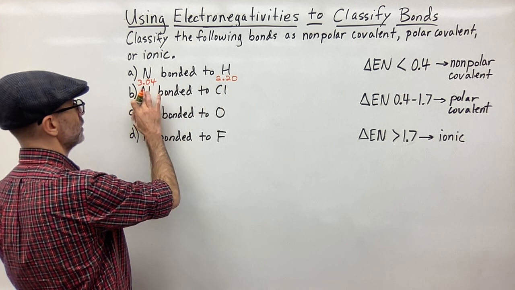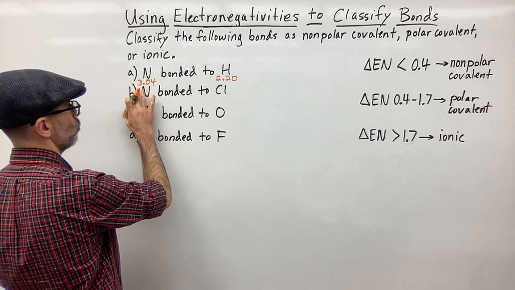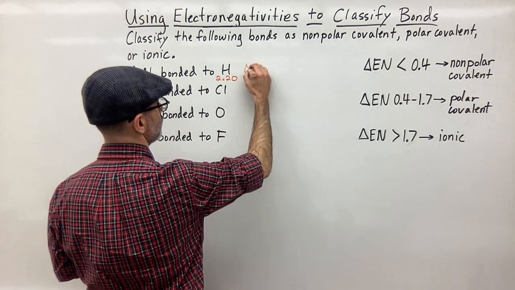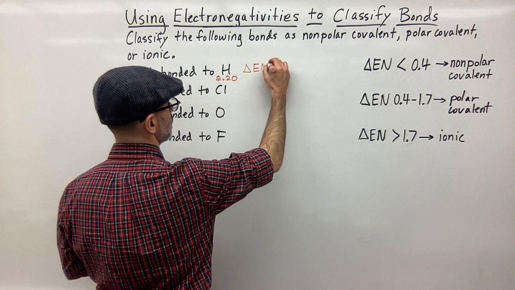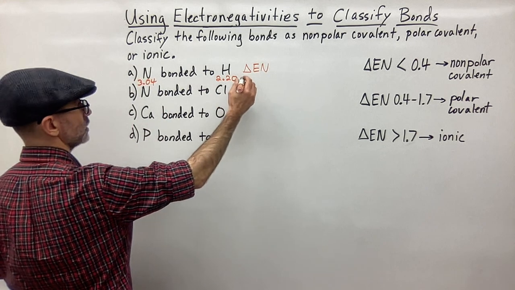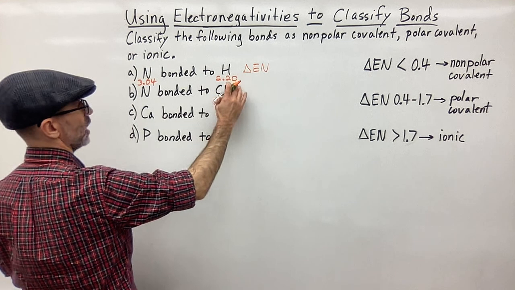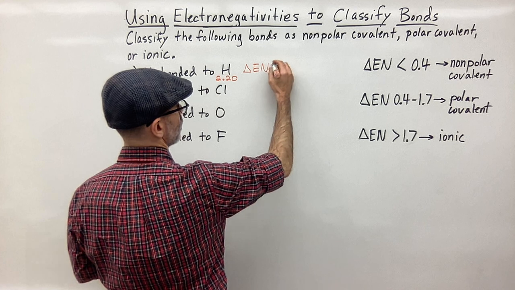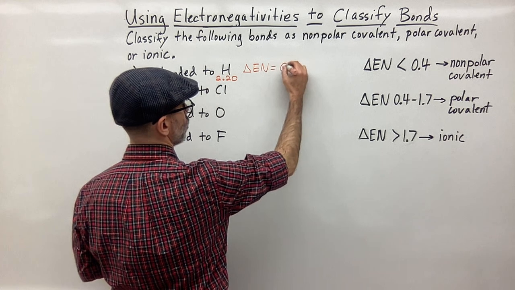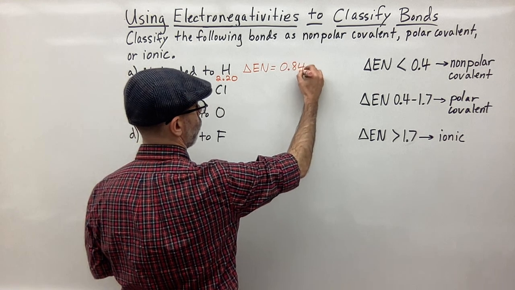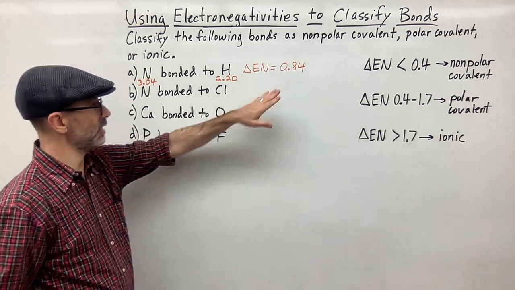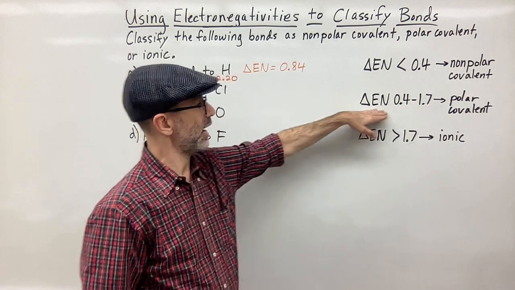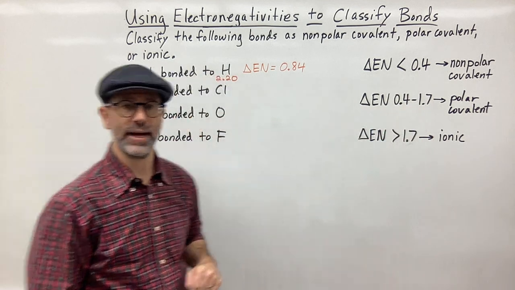So the difference here would be, let's see, 1.16, it looks like. No, I'm sorry, not 1.16. It's going to be 0.84. So the electronegativity difference here is equal to 0.84. And we can see that 0.84 falls within this range here. So yes, it is polar covalent as suspected.